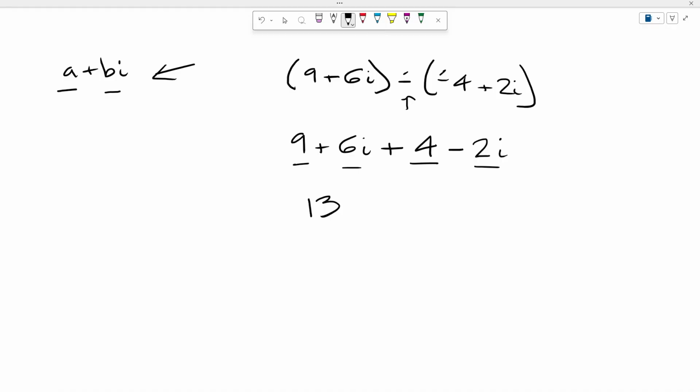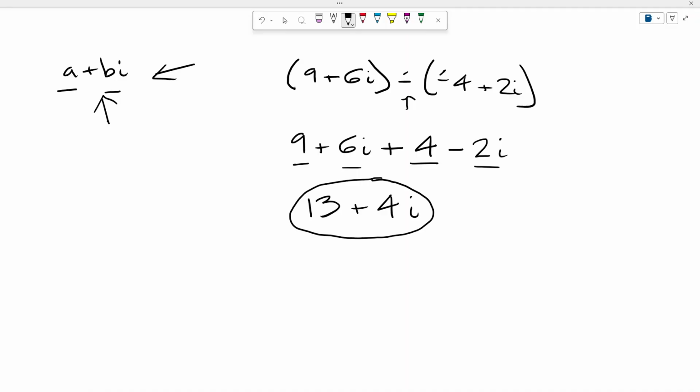So we got 13, and then let's combine the imaginary parts, the terms that have the i. We have 6i minus 2i, so that'll be a positive 4i. So for this one we have 13 plus 4i. We are in our standard form, a plus bi. So this is going to be our answer for this first one.